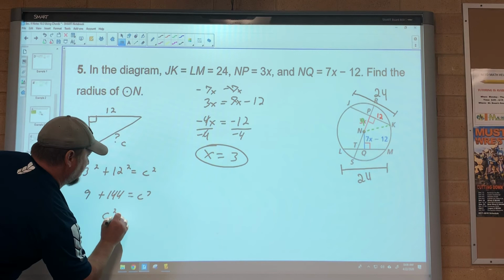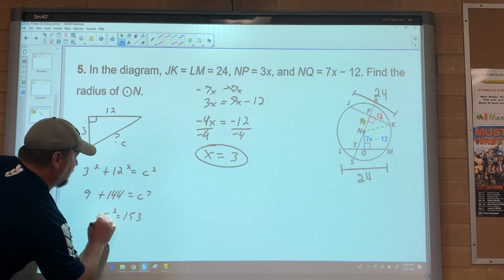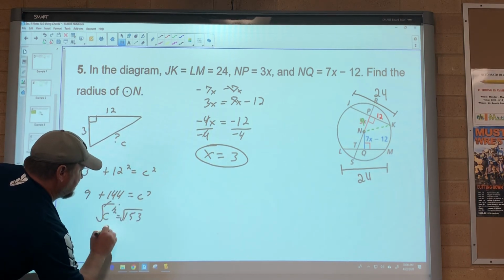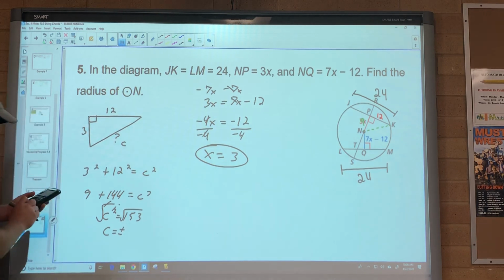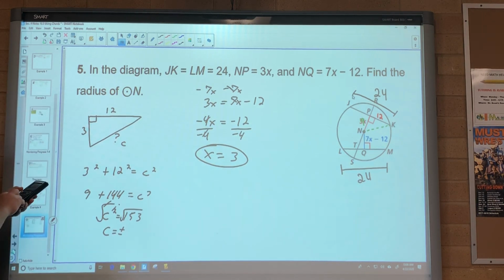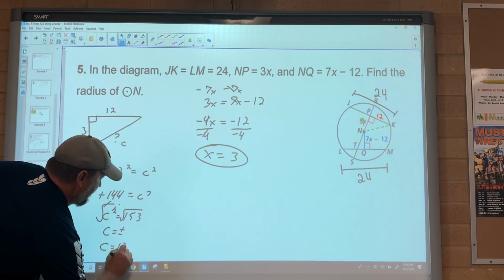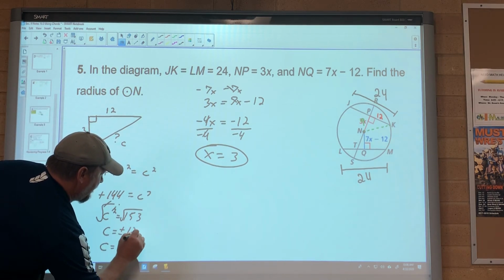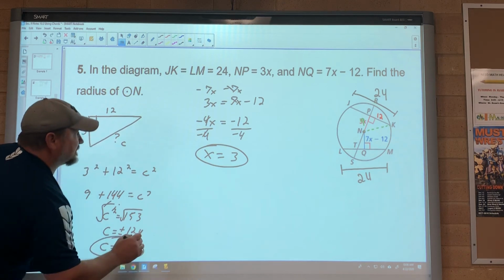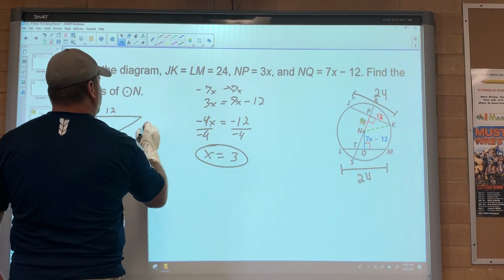So C squared equals 153, square root. C equals plus or minus 12.4. So that's our distance and that's our radius.